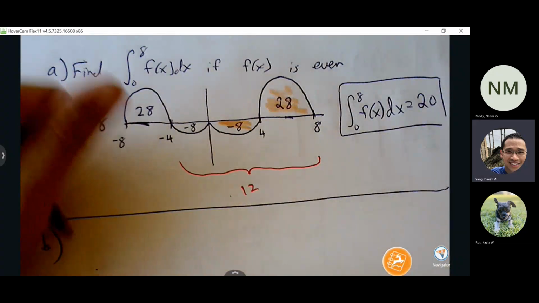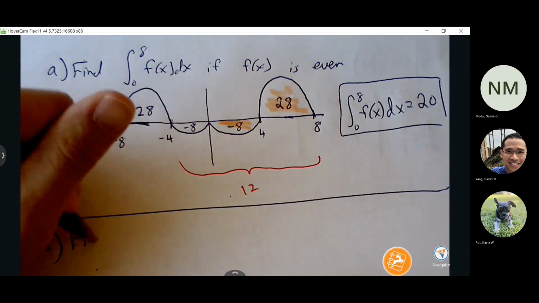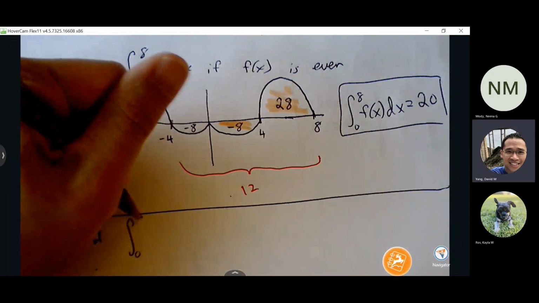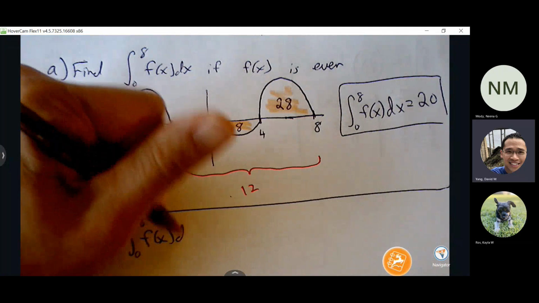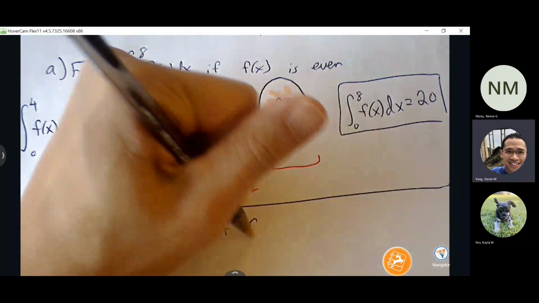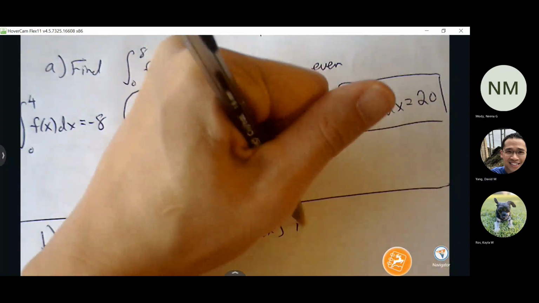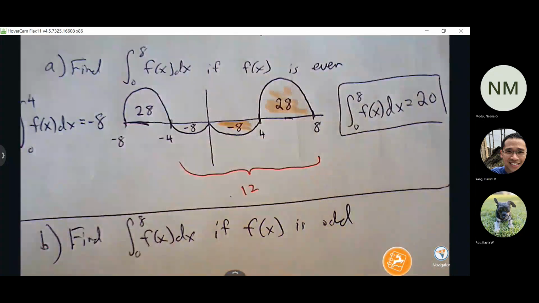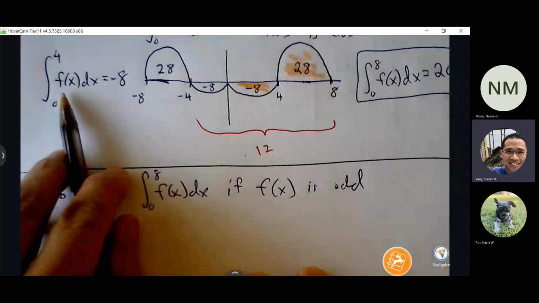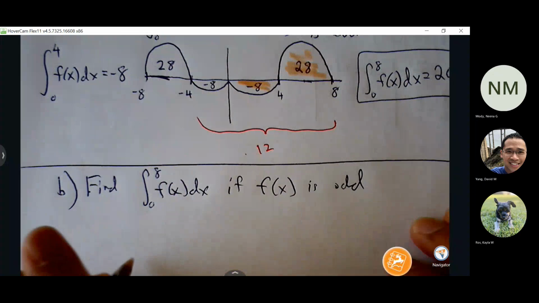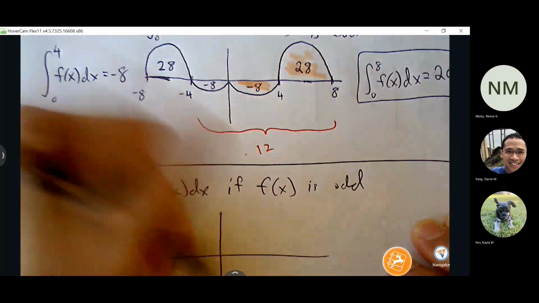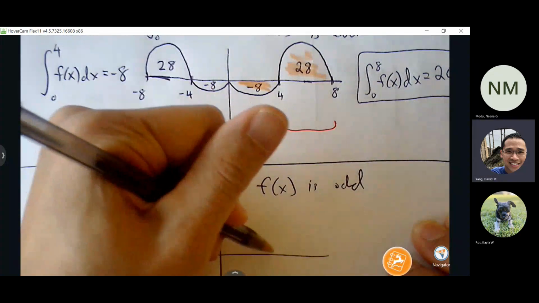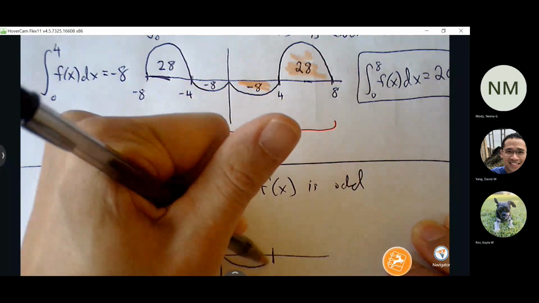Okay, part B. Find the same region, but now let's assume that the function is odd. Hey, we're still playing with the same property here. So again, from 0 to 4, we want to create -8.